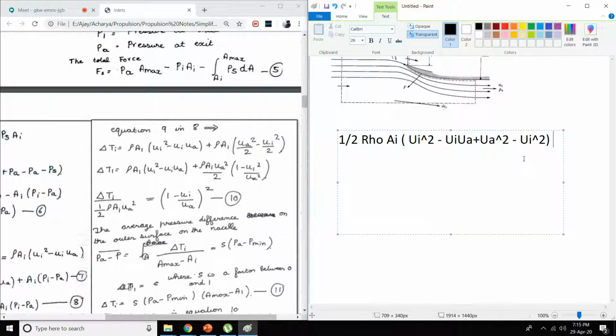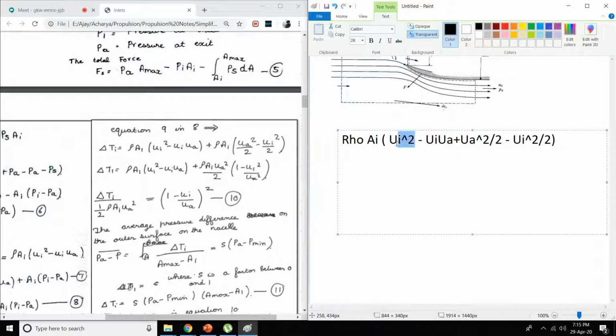Correct? But this half was taken out, so the whole thing will be divided by 2. Or else let's not take the half out. We'll just keep it here, divided by 2.